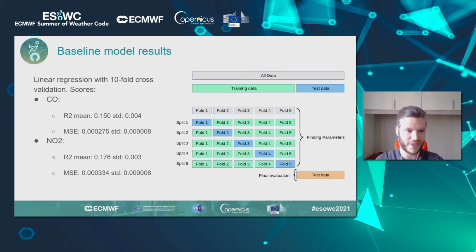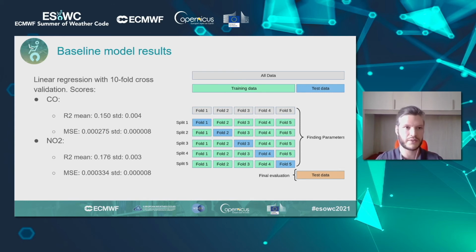more meaningful values for the two statistical measures that we will use, which are the R square and the mean square error. For both of the baseline models that we built, we got significant values for the two measures, but we can see that for the CO baseline model, we get better values, and this is one of the reasons why we decided to put our effort into predicting CO rather than NO2.